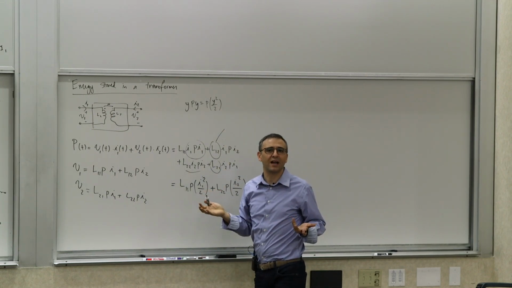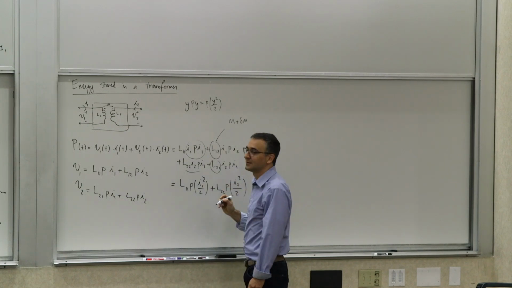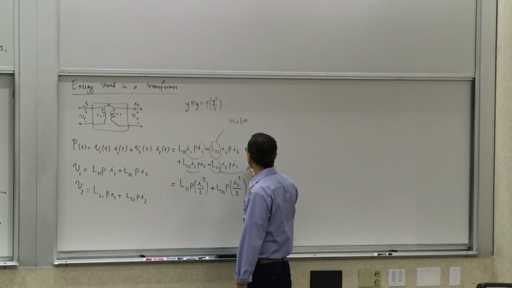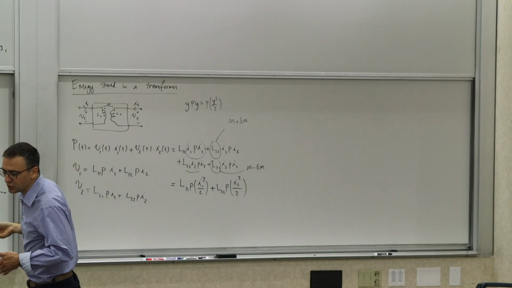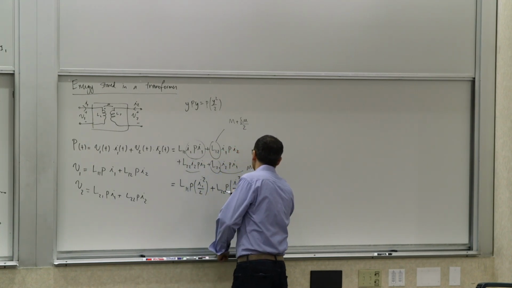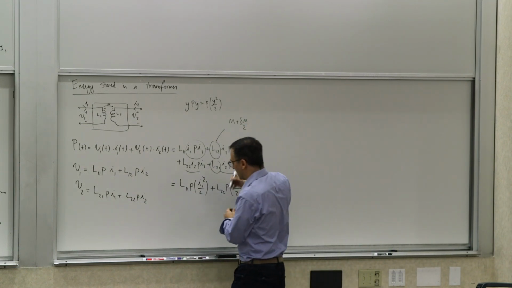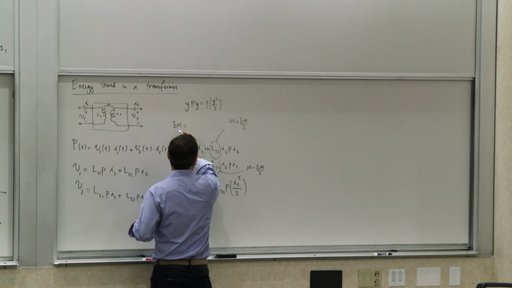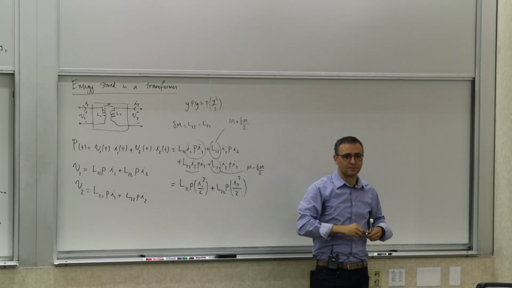Let's call that delta m. So I can write this as m plus delta m, and I will call this m minus delta m. So the difference of these two is 2 delta m, or let's make it simple, delta m over 2. So delta m, by definition, is L12 minus L21, right?